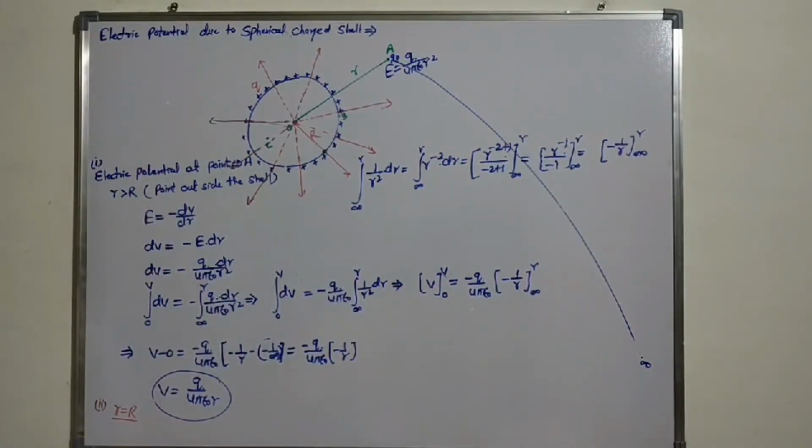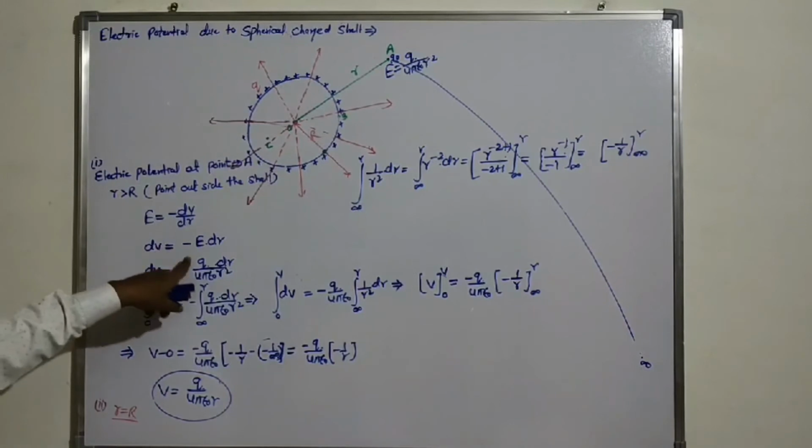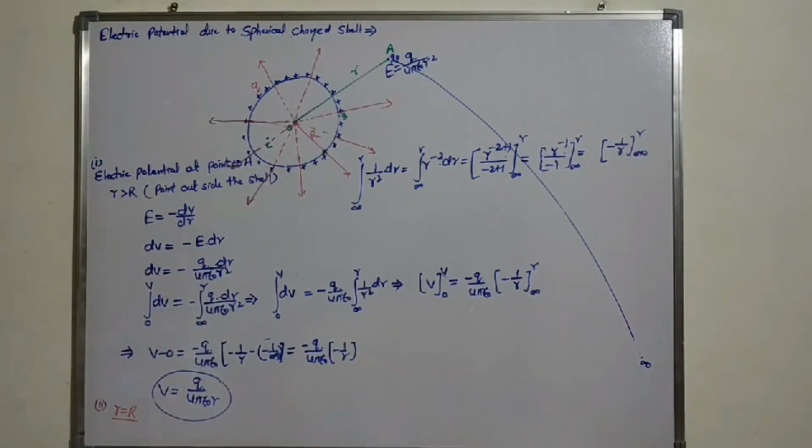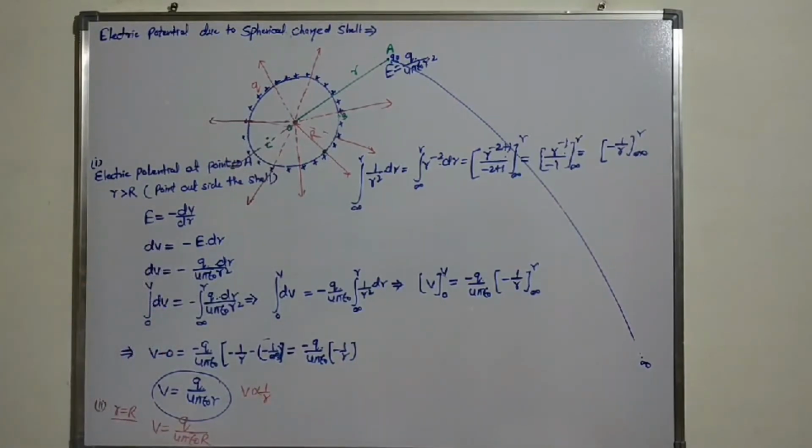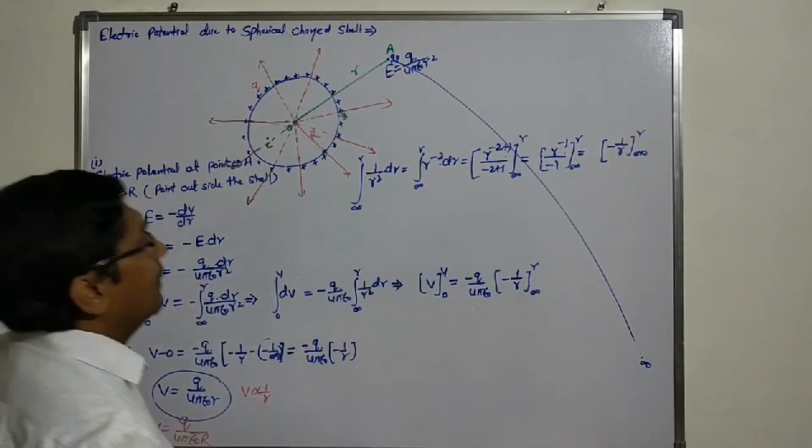The derivation and all steps are exactly the same, but small r is replaced by capital R. So the formula will be V equals Q upon 4 pi epsilon naught R at the surface of the sphere. And a very important formula: V is inversely proportional to R. Now case number 3. It is a very important condition.